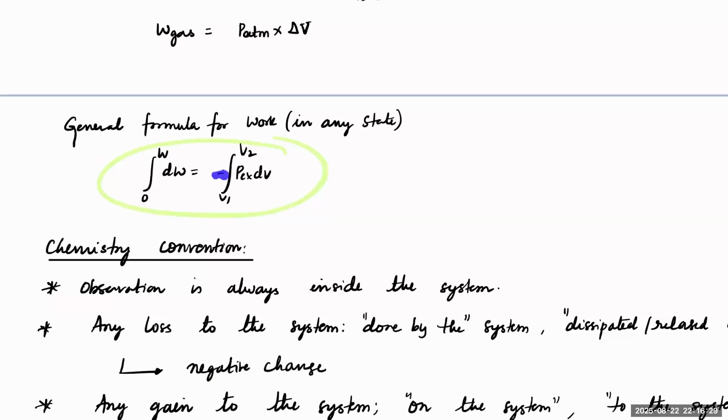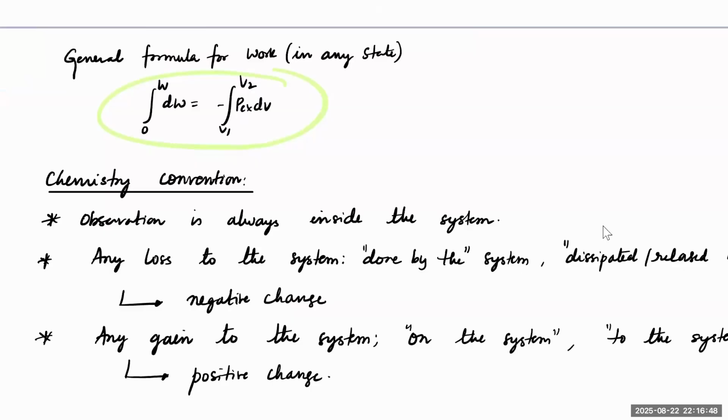Why is this minus? This is a convention that we use in chemistry. Whenever we talk about any thermodynamic process from chemistry's point of view, we are always being a part of the system and observing. In physics, it's exactly different.